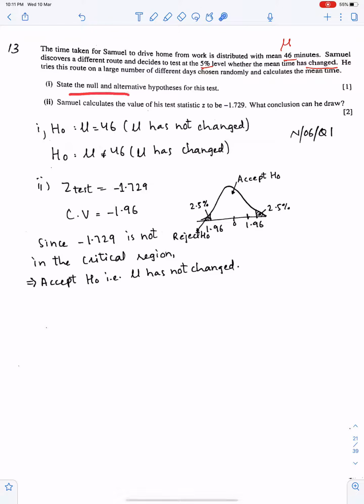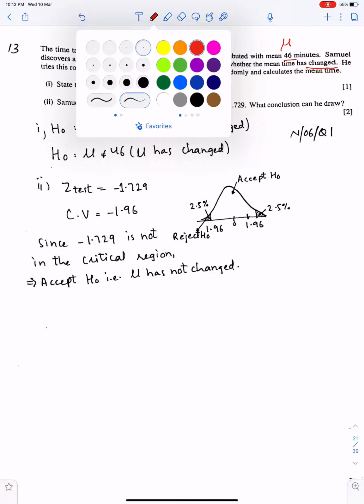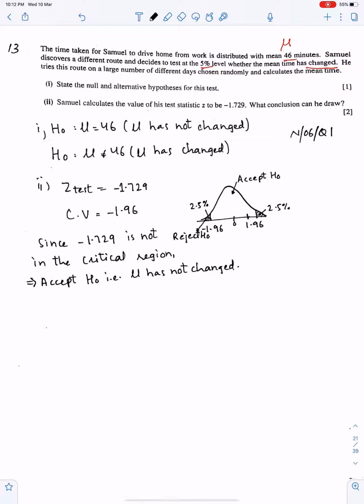And Samuel calculates the value of his test statistic. This is a Z test, minus 1.729. What conclusion can he draw? Well, this 5% will be divided equally into two parts, 2.5, 2.5. This value is 1.96, this is negative 1.96. Well, you just need to observe this test value.